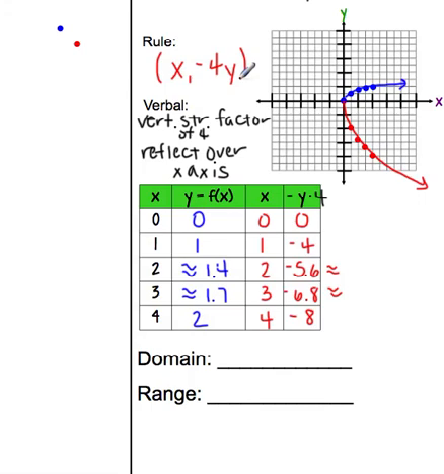As you can see, our x values start at 0 and they include it, which is why we do a square bracket, and they keep going forever, which means that I'm going to put infinity. The range, we start off at 0, and it does include 0, and it keeps going negative forever and ever, so we put in negative infinity. And our next video will contain our next example.